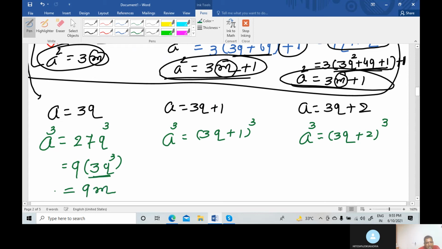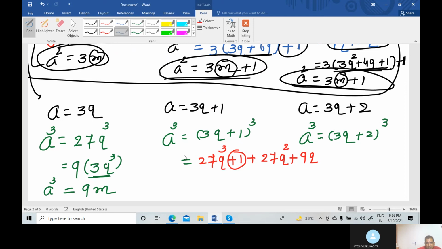So put 9m, in place of 3q we place m. Now the expansion uses the formula for a plus b whole cube, the 7th standard formula. a cube is 27q cube, plus b cube, plus 3a square b: 3 times 9q square times 1, so 3 times 9 is 27q square, and 3ab square: 3 times 3 is 9q multiplied by 1, so 9q. Now 1 as it is.